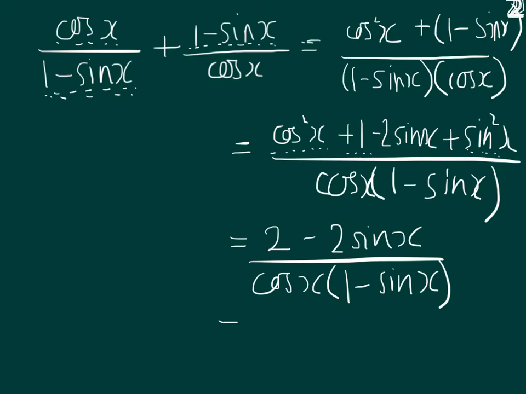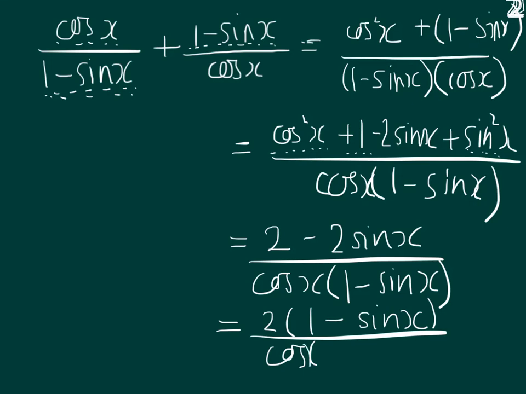I think you can see where this is going. Factorising, taking out a factor of 2, 1 minus sine x, and oh look, what's going to cancel? Those can cancel, and we'll be left with 2 sec x, which is what we want. And we can put a little box at the end because it's a proof, so we've proved it.